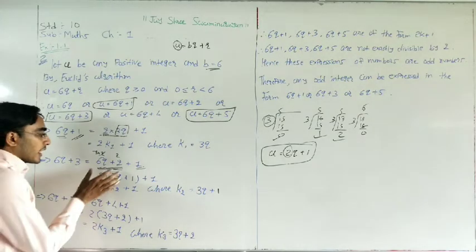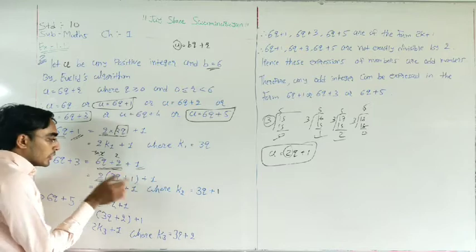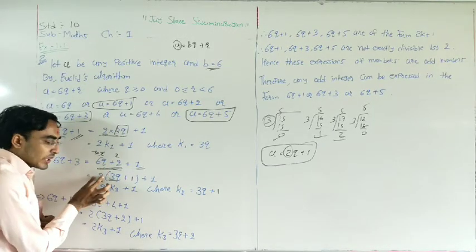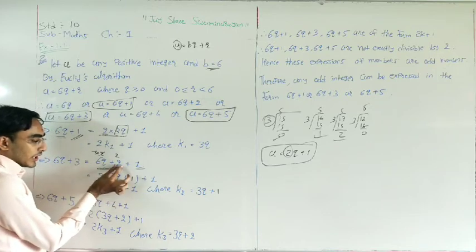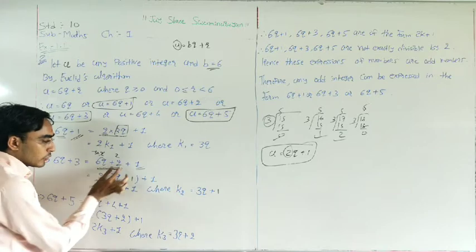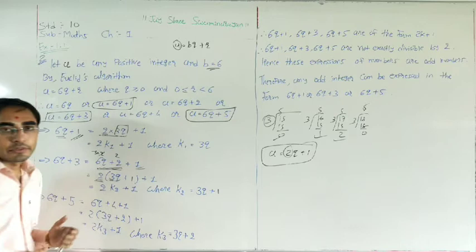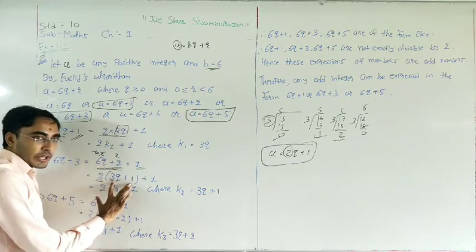Here 6 cube plus 2. So we need to take 2 as common because we want that 2. So here 2 3s are, right? So 2 I already taken common, so here 3 cube is remaining, plus. Now I take this 2 as a common, right? So nothing is remaining. So 1, and this plus 1 as it is. Now we want this 2, but we do not want this bracket.